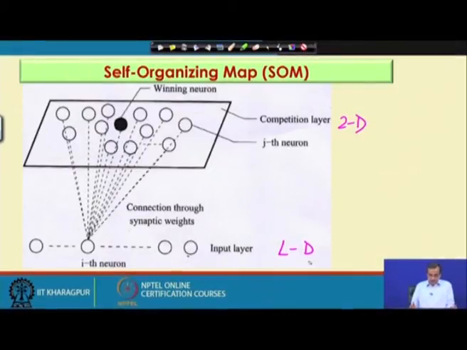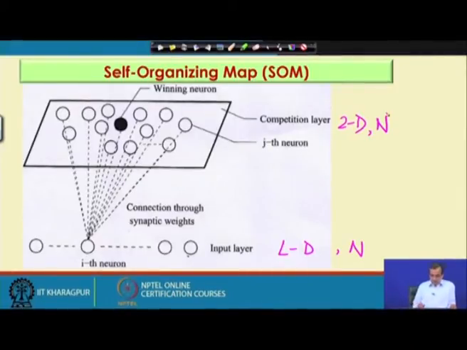On the L dimension, we have a large number of data points, say capital N number of data points. Our aim is to do the mapping from this higher dimension to the lower dimension. That means on the lower dimension I will have to find out capital N number of data points. How to do it, that I am going to discuss.